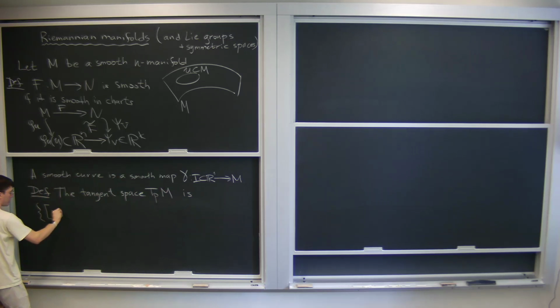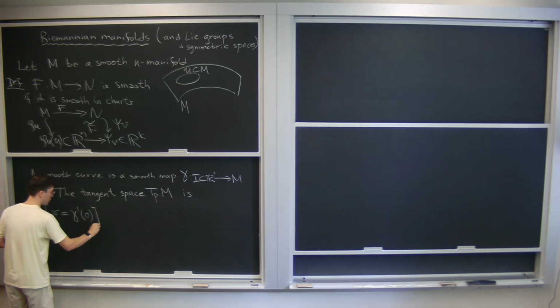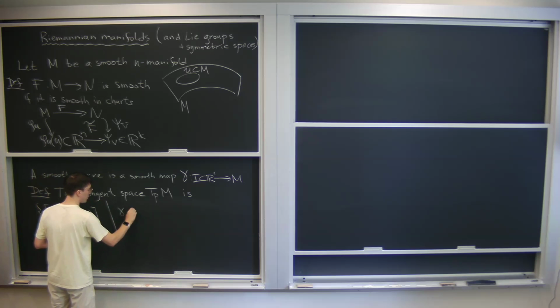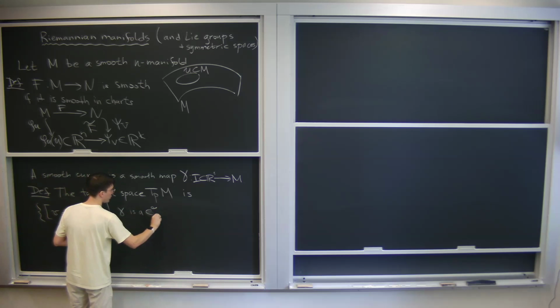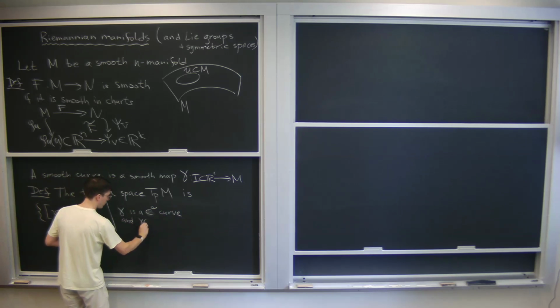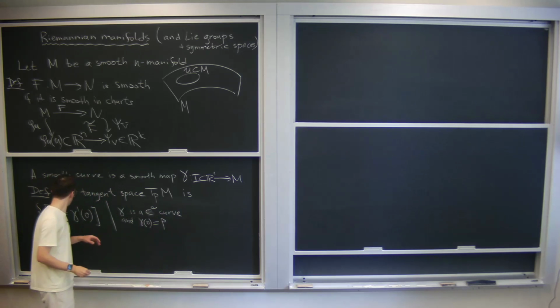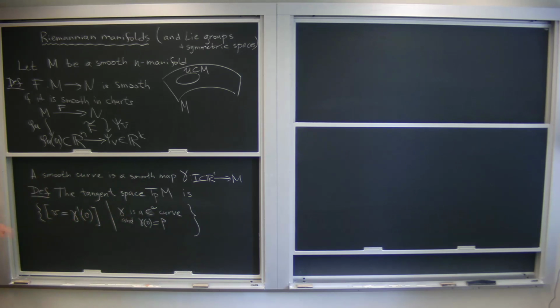I will write the vector v equals gamma prime of 0, the derivative, where gamma is a smooth curve and gamma of 0 is P. So this is a smooth curve passing through the point P.